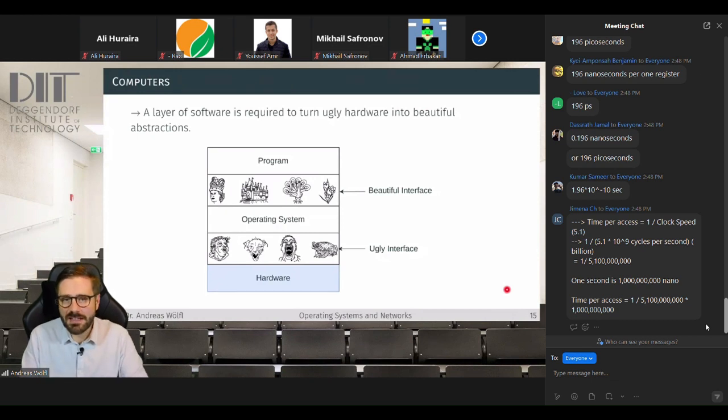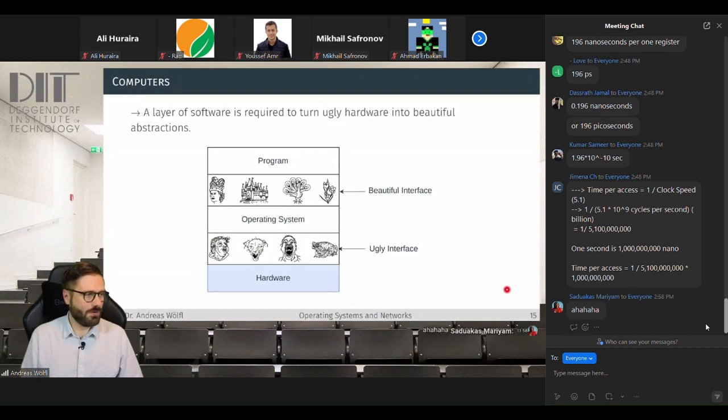And this is exactly the job of the operating system. Having the ugly interface of the hardware abstracted by the operating system, and the operating system provides a beautiful interface to us programmers that we can use.